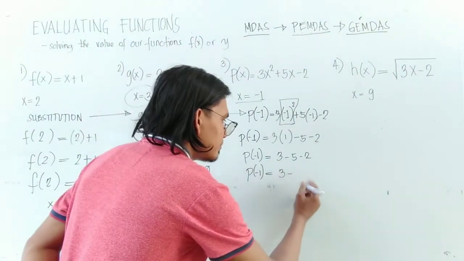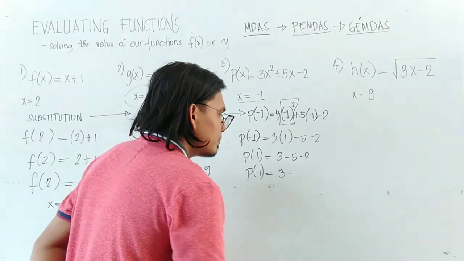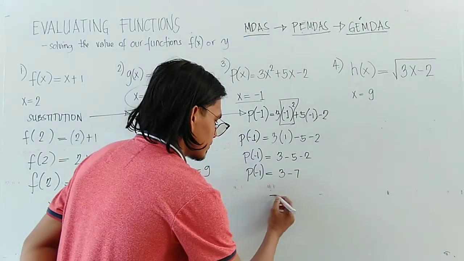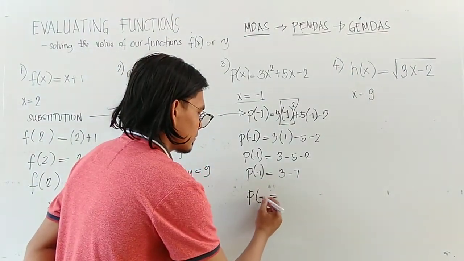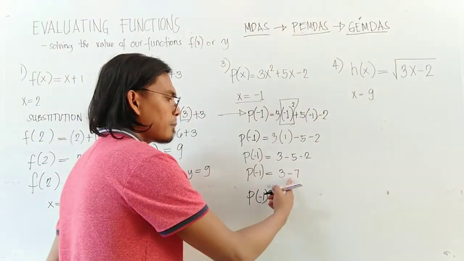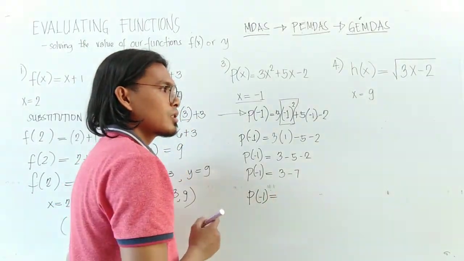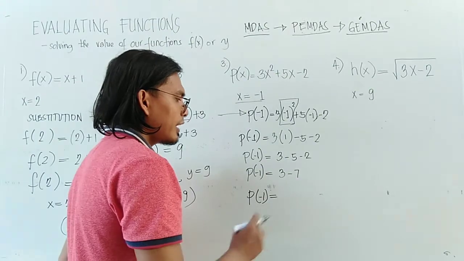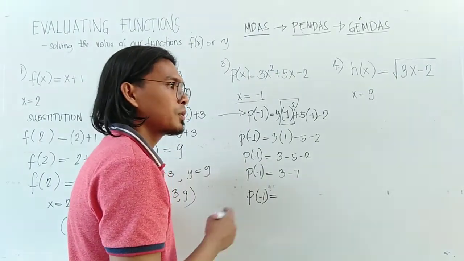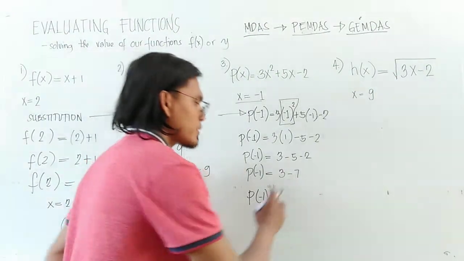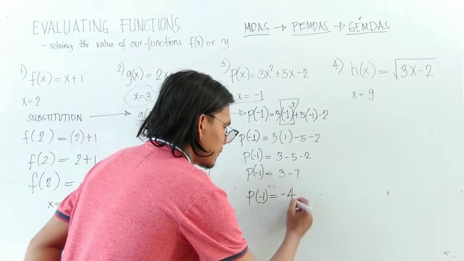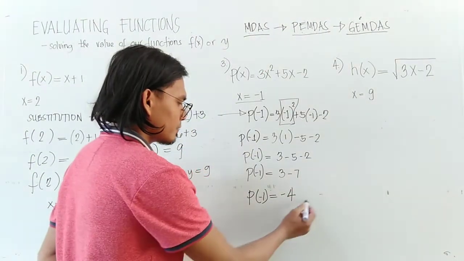So we have negative 7. Then we have 3 minus 7. So in adding unlike signs, we will subtract. So we have negative 4. Okay?